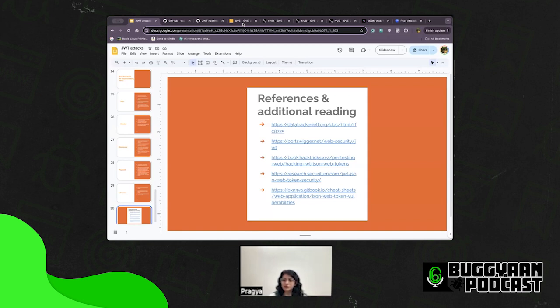So whatever issues you saw were because of misconfiguration or vulnerabilities in the library only. So if you're creating an application and you want to implement JWT, just make sure that you're using the correct library and look for all the vulnerabilities that may be present in that particular JWT library.